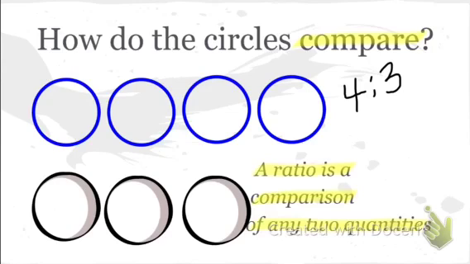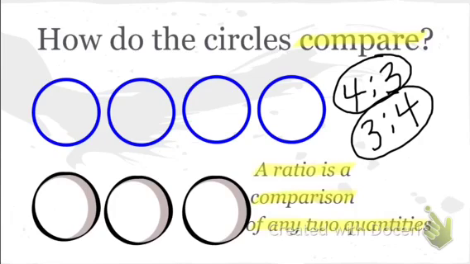You could have said there were 3 black circles for every 4 blue circles. Again, you see I'm using ratios, and instead of saying 2 every time I see the colon, I am saying for every, okay, which is kind of what it's all about.